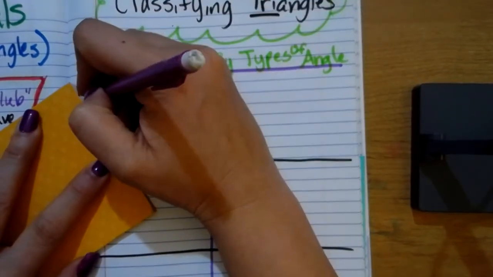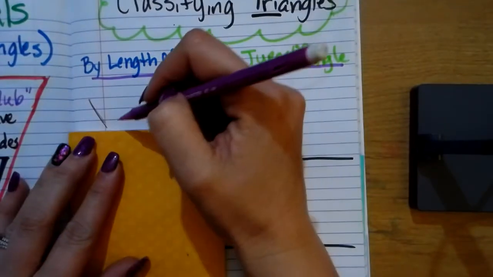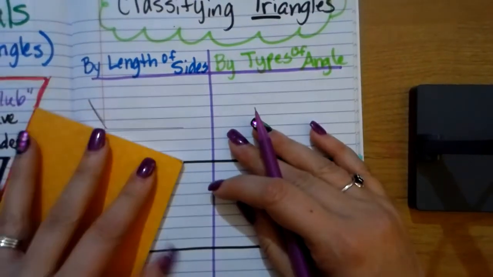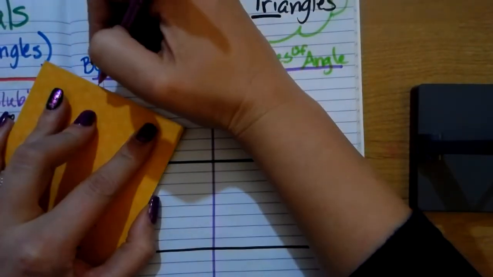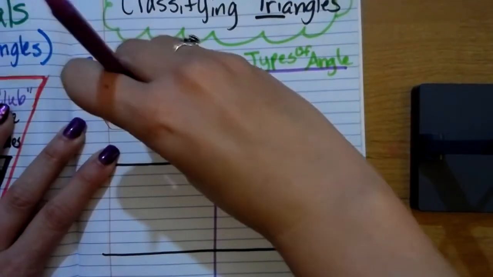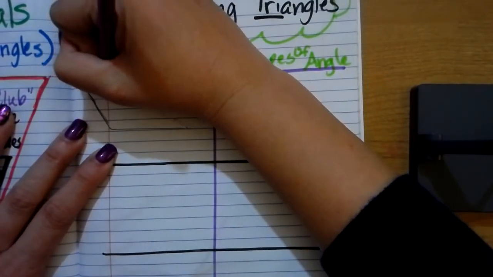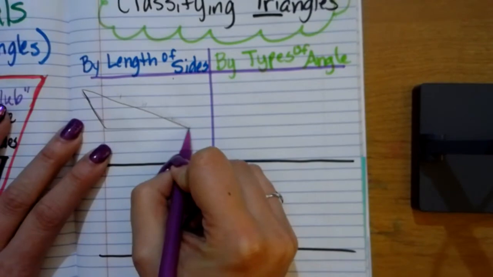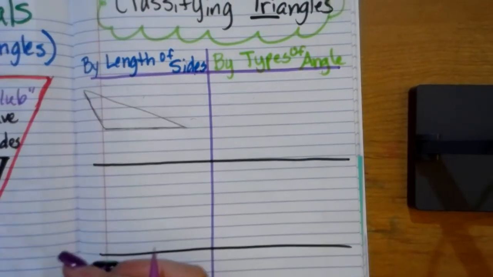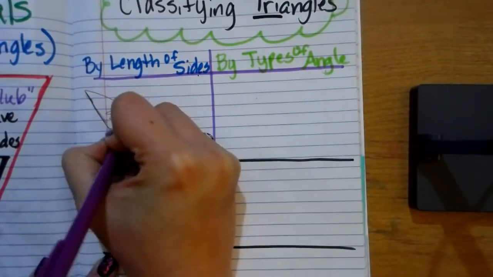So scaling, I'm going to draw one side this way, one side this way, one side this way. Oh, that's too big. I am going to label this a scalene triangle.